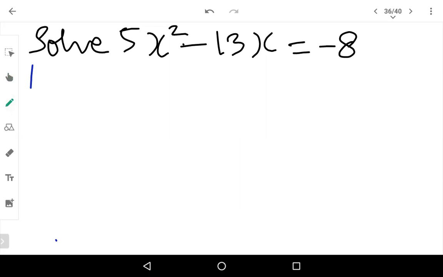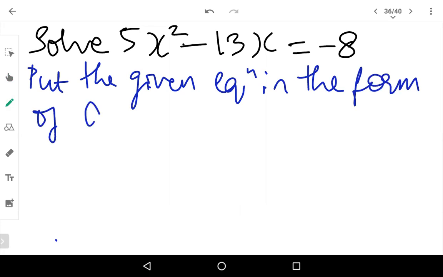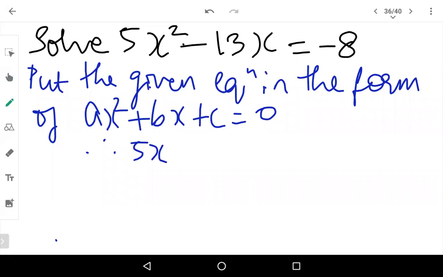So first write down, put the given equation in the form of ax square plus bx plus c is equal to 0. Therefore, 5x square minus 13x plus 8 is equal to 0.